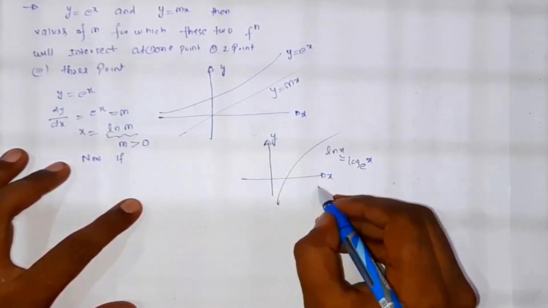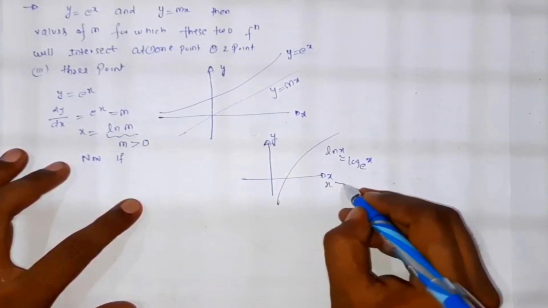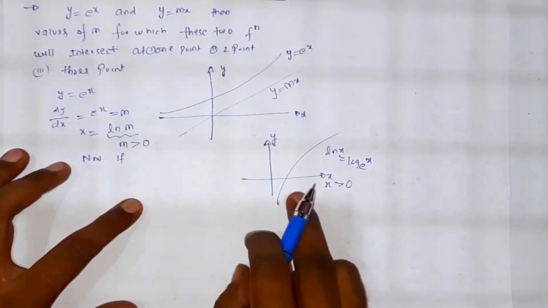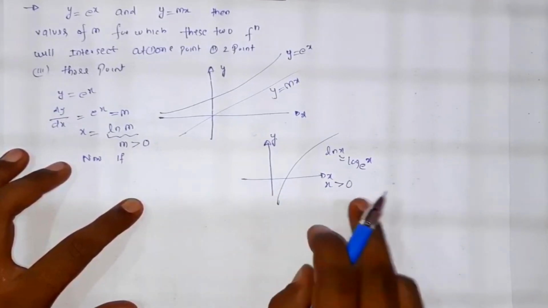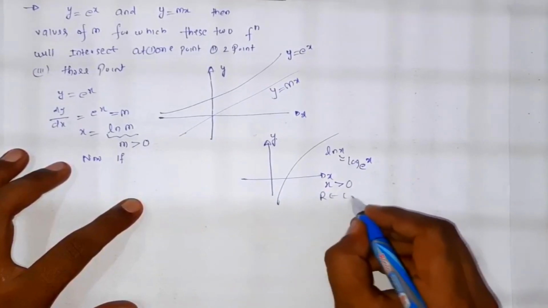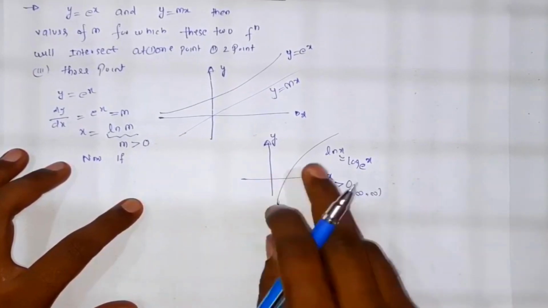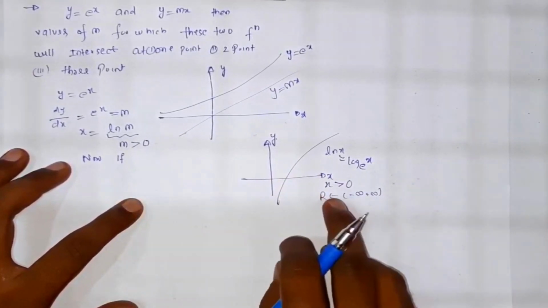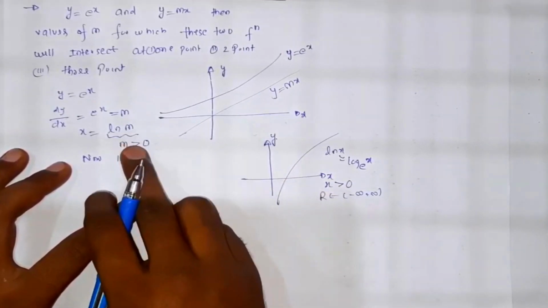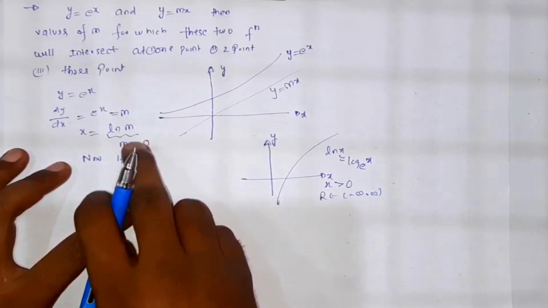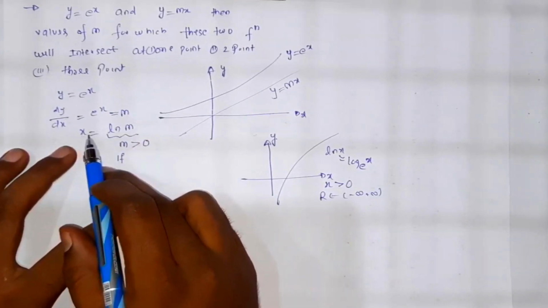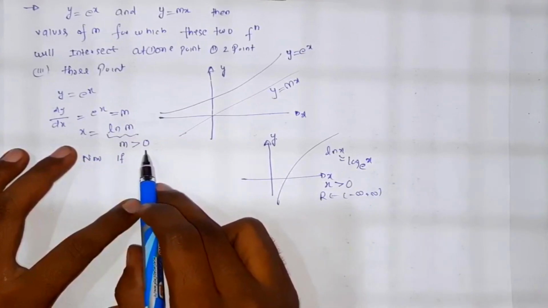So here the domain is x should be greater than 0. The values of x will be from the right side of 0. This is the domain of this function, and the range of this function will be from minus infinity to infinity. I will teach you about this later. As of now you should understand why I am saying that m should be positive. If the value of x is real, then m should be positive.